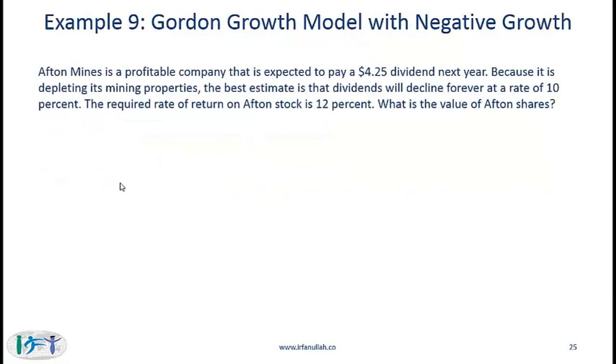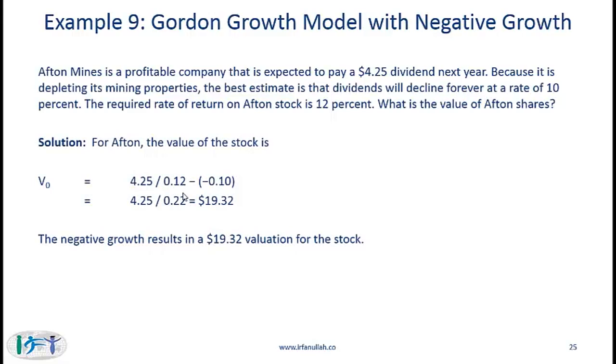What if you have a negative growth rate? Then can you use the Gordon growth model? Now, it might surprise you that we can actually use the Gordon growth model when we have a negative growth rate. All we do is plug in that negative number.